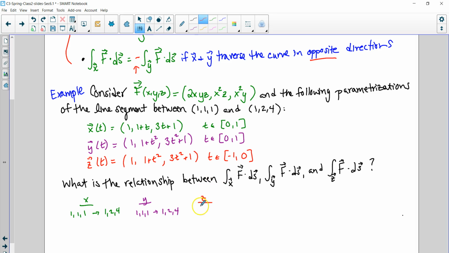When we start at -1, we actually start at 1, 2, 4 and end up at 1, 1, 1. So z is going backwards by comparison.